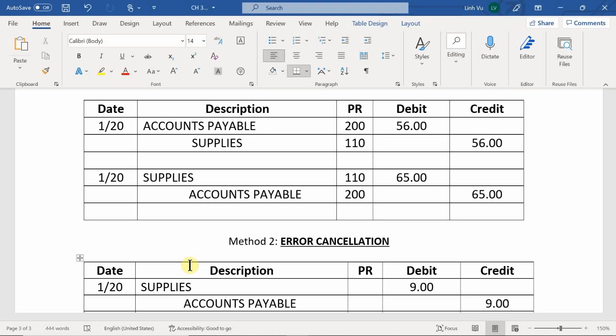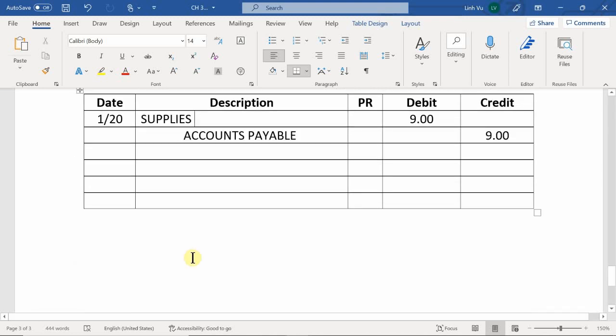But in my books, I recorded it as 56, meaning I have the same quantity of paper, pens, and stuff, except I devalued it by saying it's $56 worth of supplies. Now I need to fix it because in reality, my supplies are worth more than $56. There's actually $65 worth. So that's how you do it.